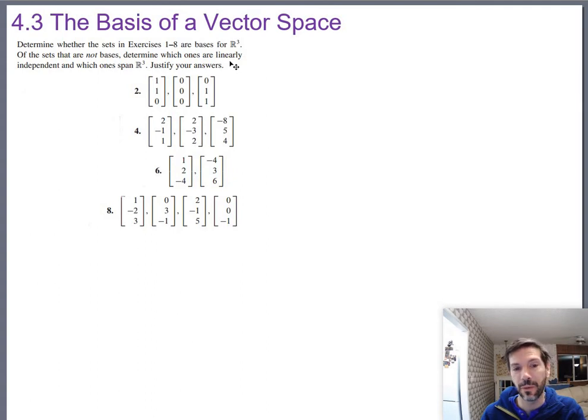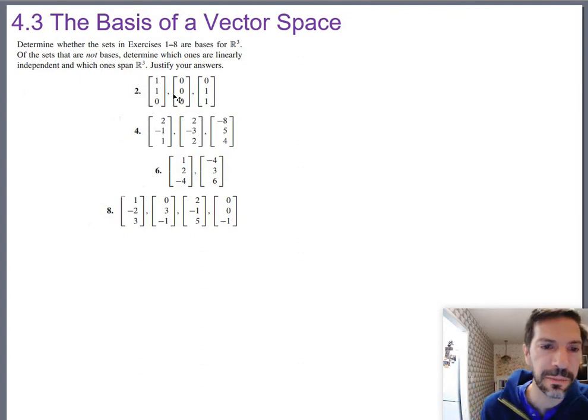There can be more than one basis for R3, so maybe several of these will be. We'll find out. Which ones are bases for R3? If they're not, find out which ones are at least linearly independent sets and which ones span R3 even if they're not a basis. Okay, so let's work through these.